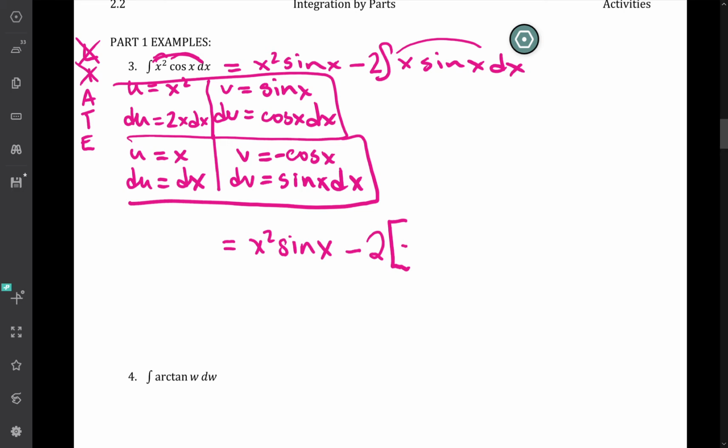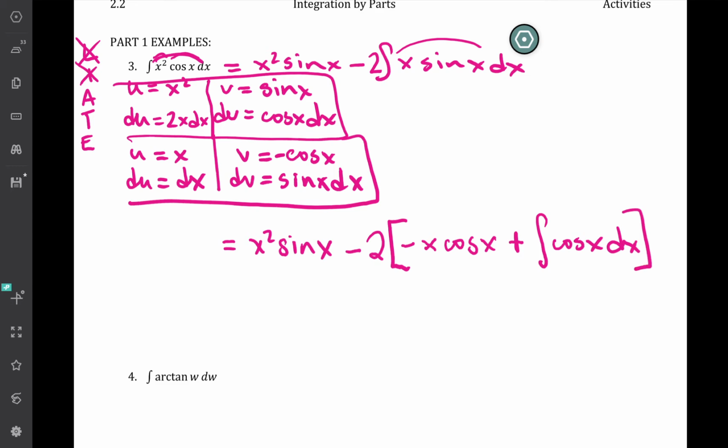So u times v is x times negative cosine, opposite of cosine, minus the integral of v, which is cosine x, and I'm going to move that minus out in front. Really easy to lose track of signs, so just try and deal with them immediately.